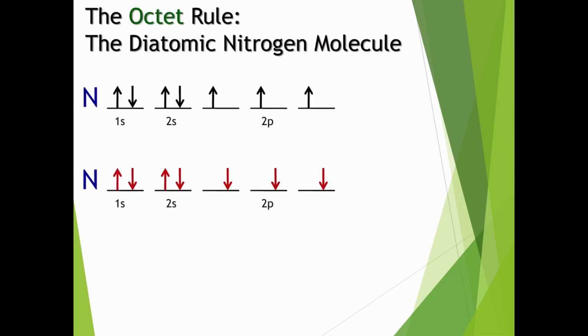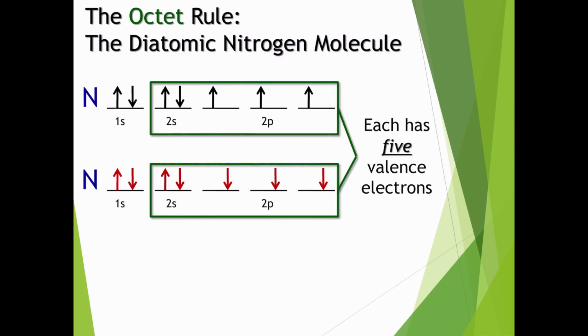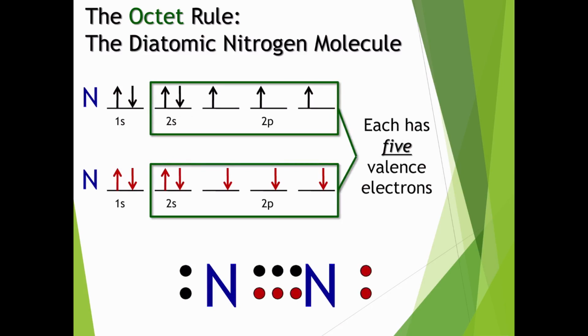So here's nitrogen. Nitrogen is also a member of HOFBrINCl, right? And so now each nitrogen has only 5 valence electrons. So in order to get to 8, it's going to share 3. Each nitrogen will share 3 of its electrons, so that there are 6 electrons total being shared between these 2 nitrogen atoms.